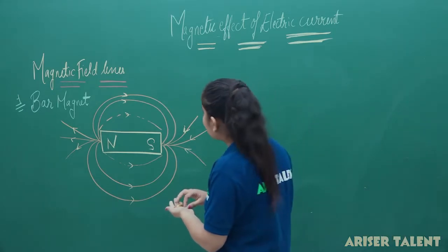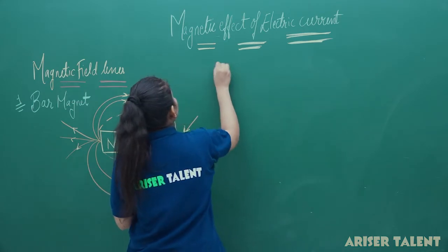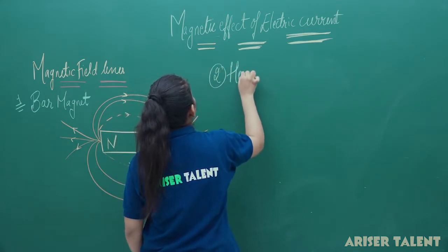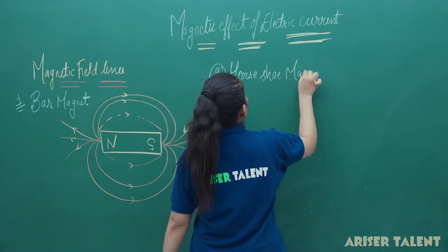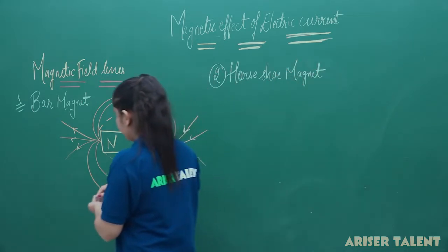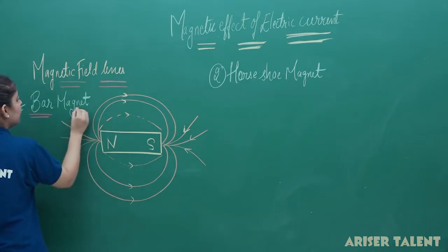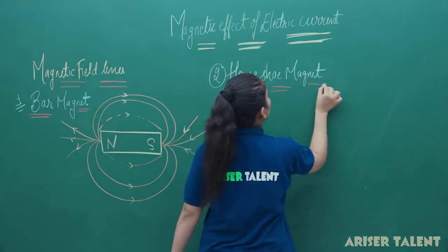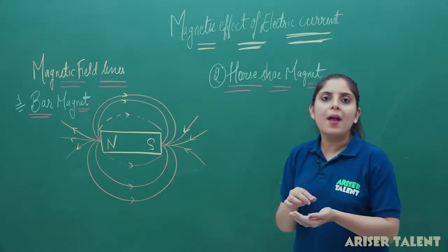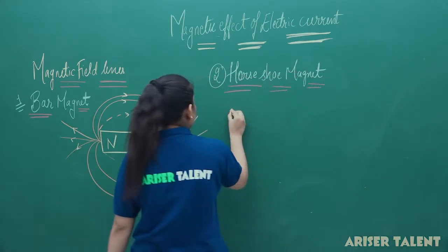Now what will happen in the second case? In the second case, I am considering the horseshoe magnet. First is our bar magnet and second we are seeing the field lines in the case of the horseshoe magnet. So the horseshoe magnet can be drawn like this.